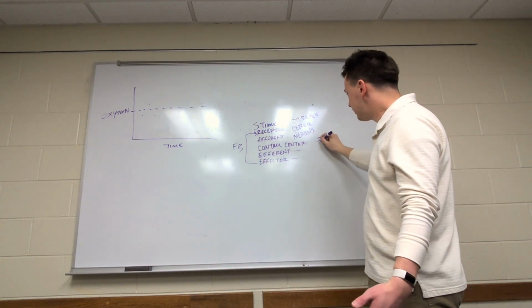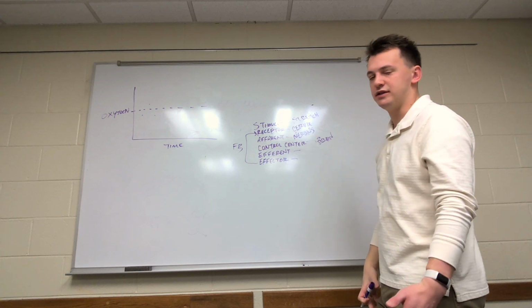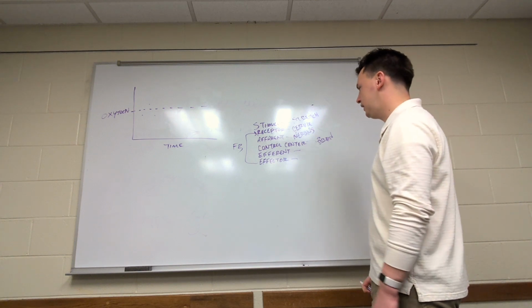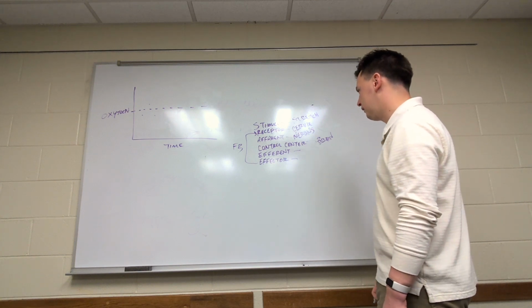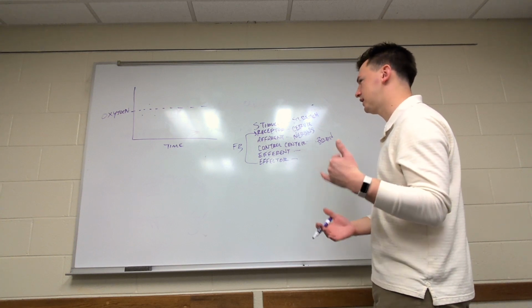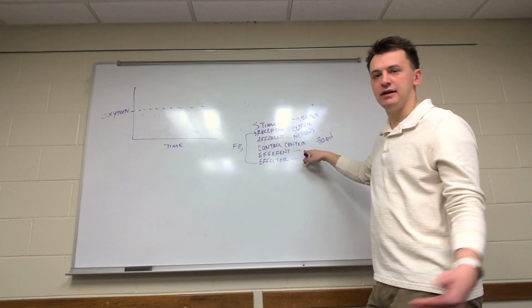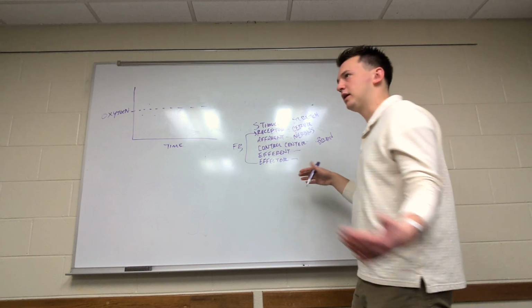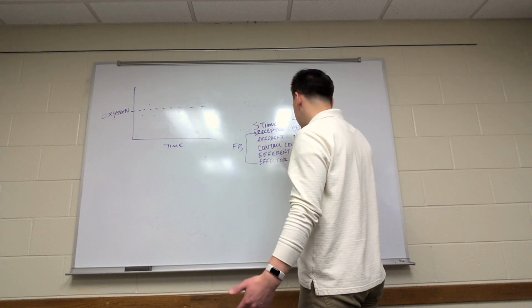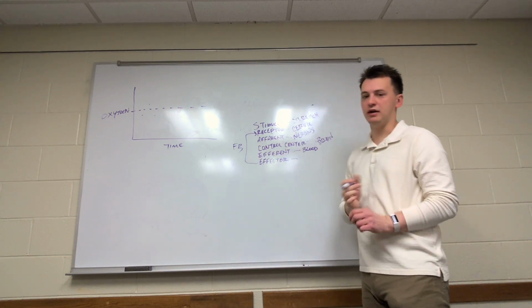Control center would also be the brain. Usually the control center, most of the time, is the brain, but it does change sometimes. Neurons in the brain say, hey, the baby's pushing on the cervix, some stretch is happening. The efferent would be the brain saying, okay, let's start sending oxytocin through the blood. That's how oxytocin travels, through the blood.